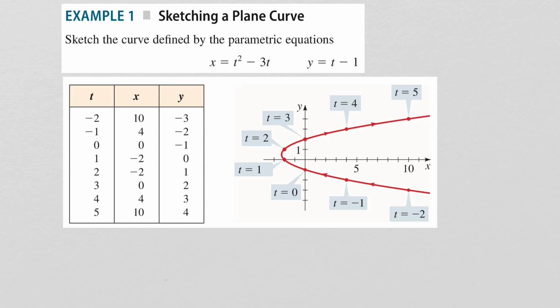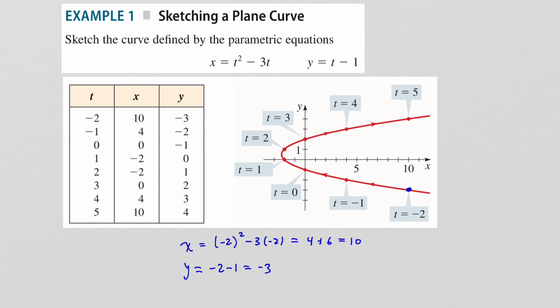So for example, when t equals negative 2, we get x equal to negative 2 quantity squared minus 3 times negative 2, which is 4 plus 6, which is equal to 10. Then y equals negative 2 minus 1, which is negative 3. And that gives us the point (10, negative 3), which is this point right here.